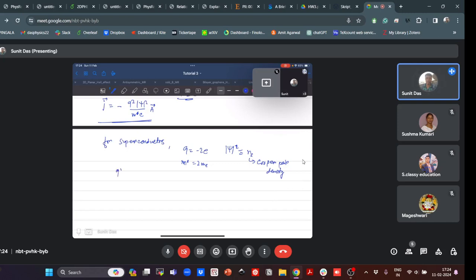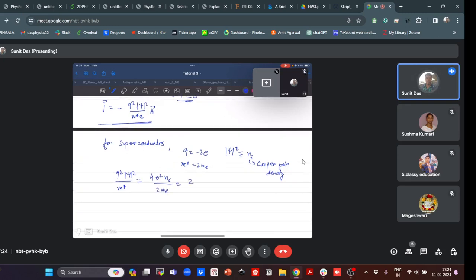So then q square by mod psi square by m star will be 4 e square ns by 2 me. That means 2 e square ns by me, right?